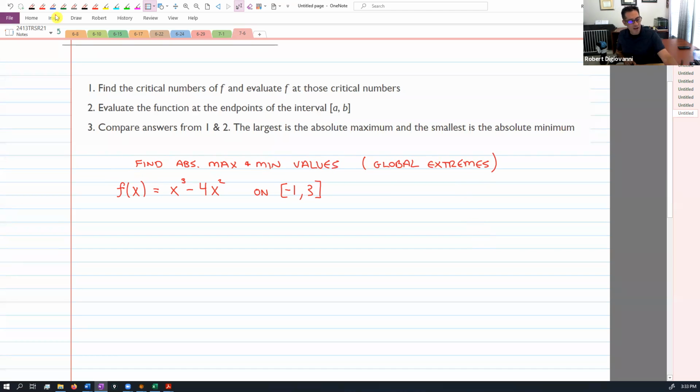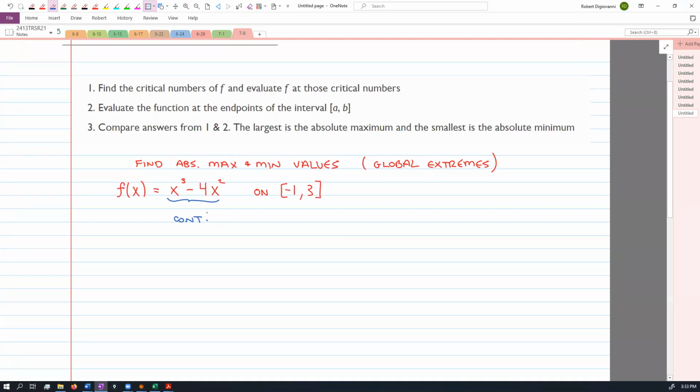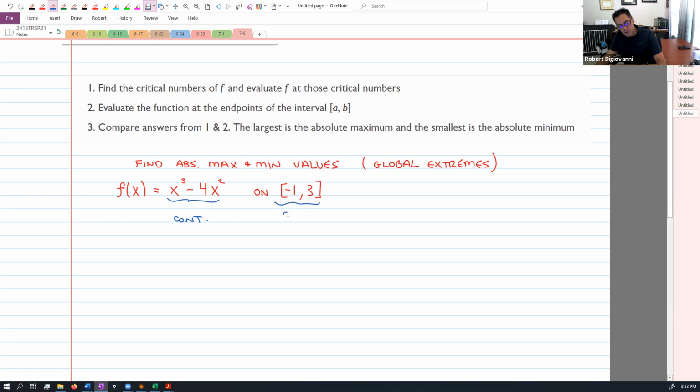So I look at this thing. First thing I do is look at the function, and I say it's continuous. Why is it continuous? The x cubed and the x squared. Yeah, it's a polynomial, right? All polynomials are continuous. So it's continuous. Then I look at this. That's a closed interval.